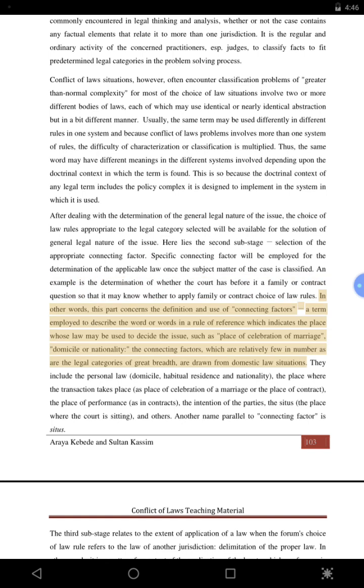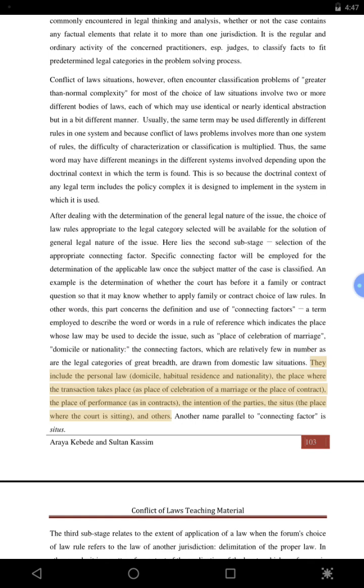In other words, this part concerns the definition and use of connecting factors, a term employed to describe the word or words in a rule of reference which indicates the place whose law may be used to decide the issue, such as place of celebration of marriage, domicile or nationality. The connecting factors, which are relatively few in number as are the legal categories of great breadth, are drawn from domestic law situations.